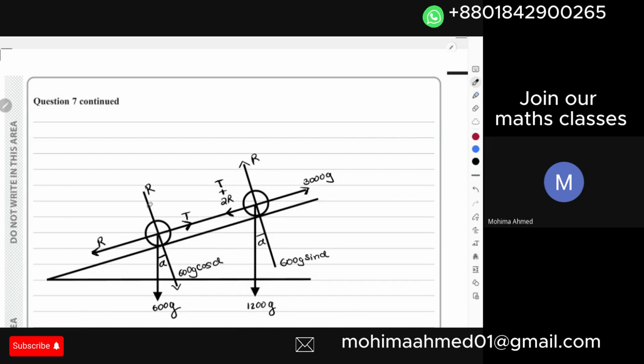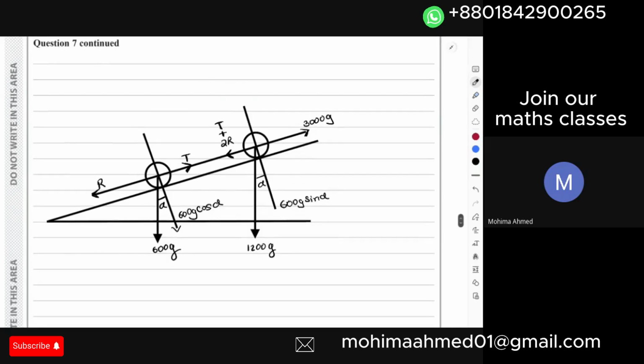The problem is we already have R in the equation, so I will just write this. I don't even actually need this over here, right? We don't have to find out the mu R over here. So we don't need the reaction force from the surface. Yes, Asri? Why did you label it as 600 G sine alpha? Oh, sorry. This is going to be 1200, right? Yeah, 1200 G sine alpha. Then reaction force is not required, so I'm not going to consider that also.